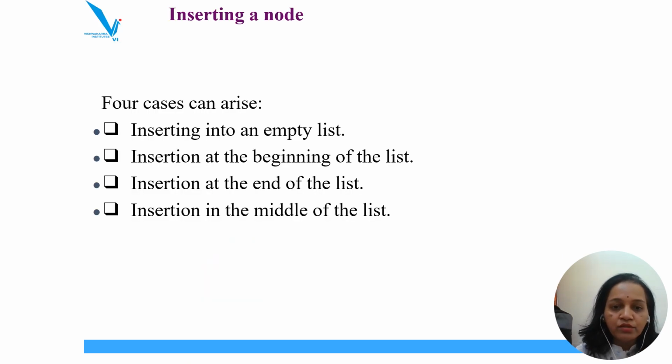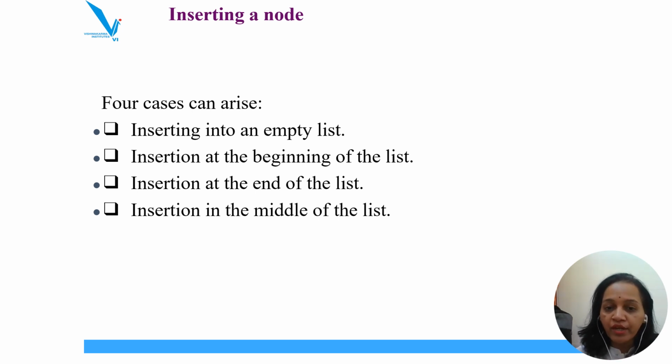Okay, so the next one is inserting a node. Now we want to insert a node to a list. So there are four cases that can arise. You can insert into an empty list. Just now, suppose we create a list, only head is there, no node is there, so you have to create the first node and insert it into the list. That means you are inserting into an empty list.